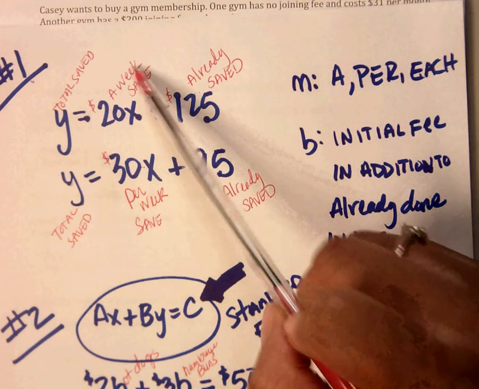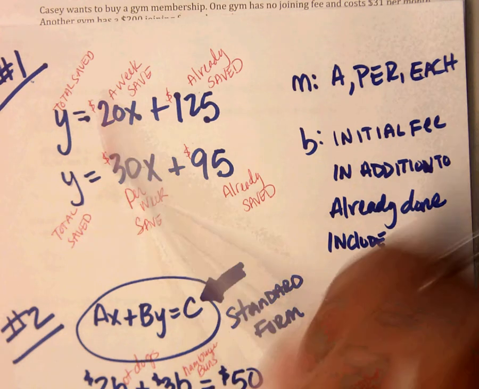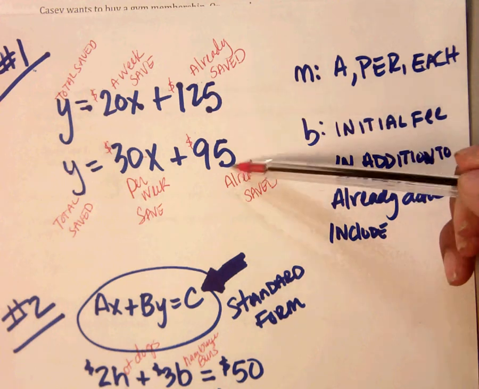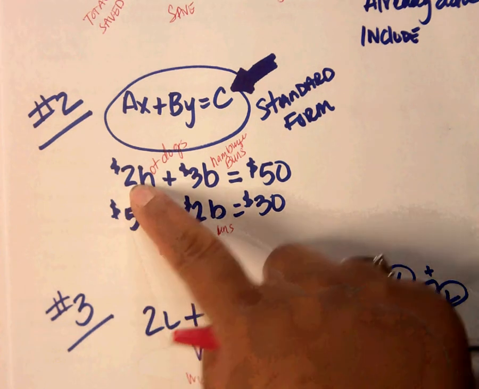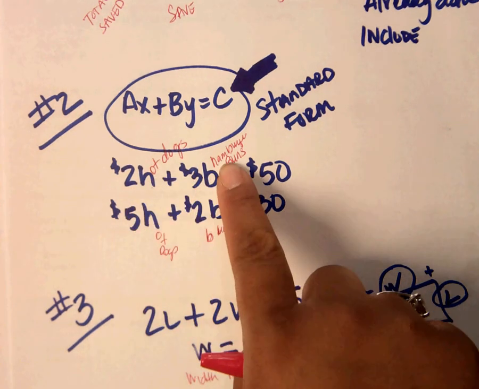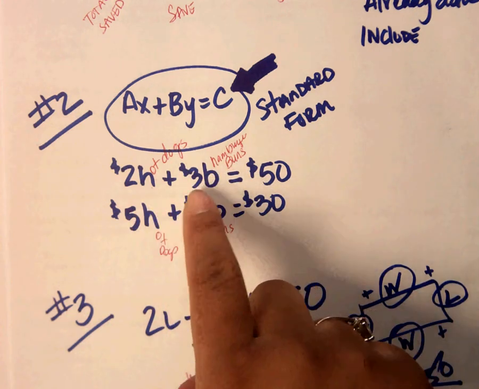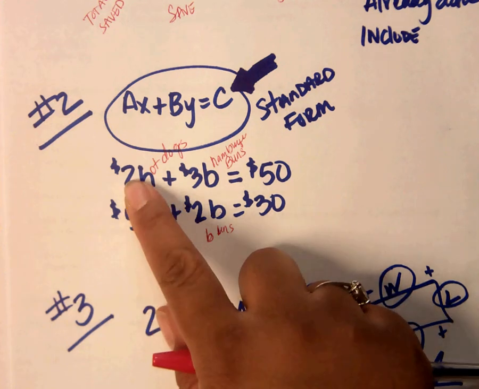So 20 a week, 30 per week. The a is there, the per is here. So I don't see it on the 125. I don't see it on the 95. On this one, I see $2 for each hot dog, $3 for each hamburger bun. Now, I don't see the word each, I don't see the word per, I don't see the word a, but it's implied, meaning I'm paying $2 every time I get a hot dog.